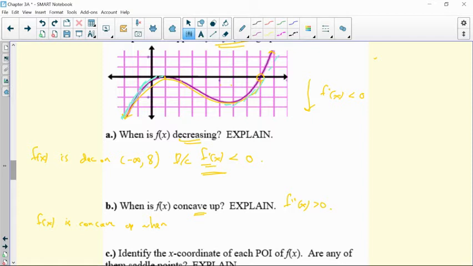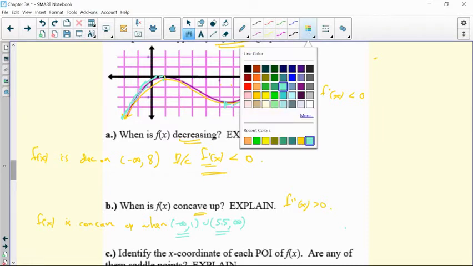So I could say it's concave up when, again, negative infinity, and this time up to 1, union, and then let's see, 1, 2, 3, 4, 5, maybe 5.5, approximately 5.5 to infinity. So it's concave up for these intervals.